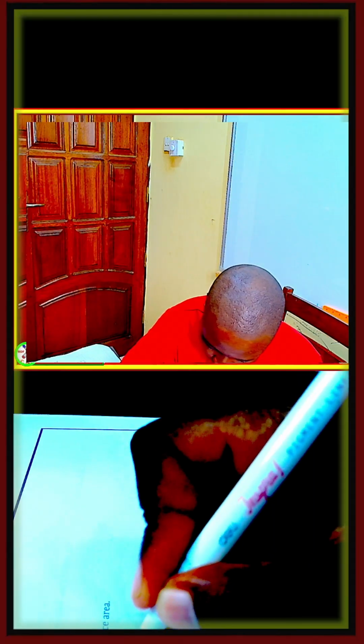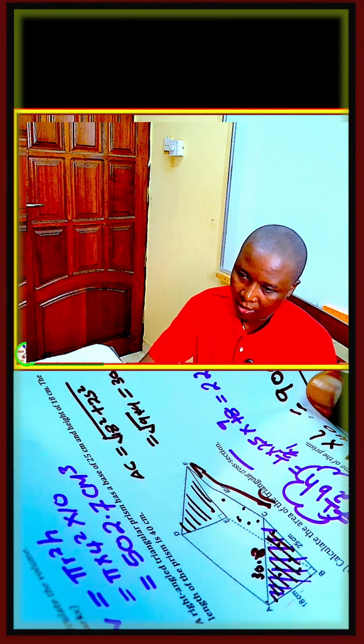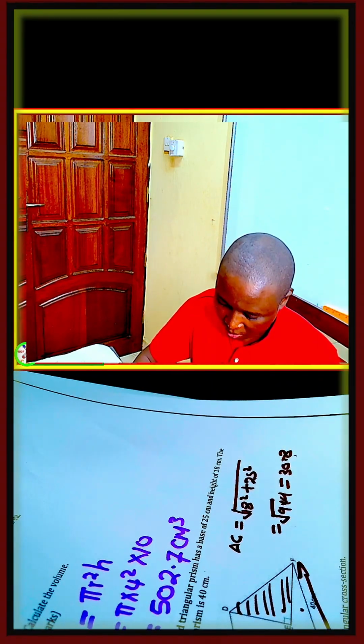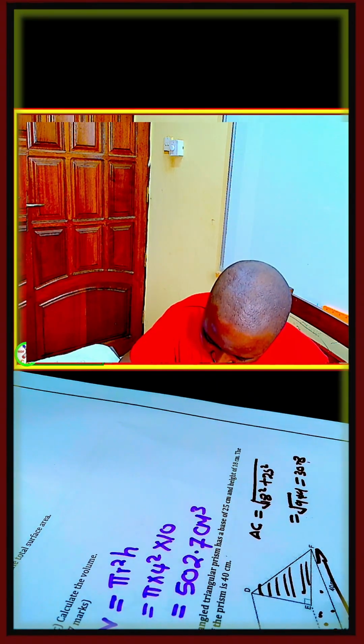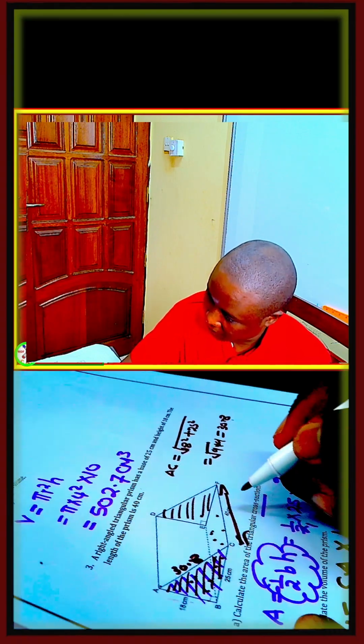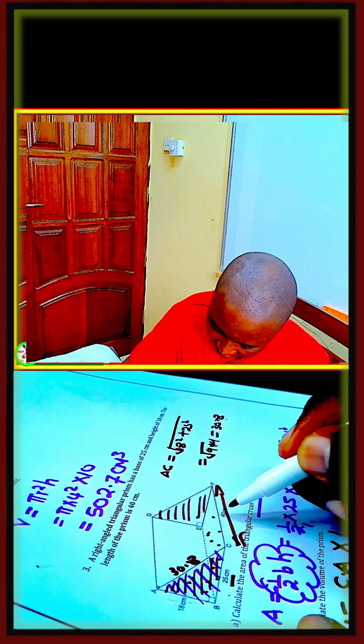So I need to say 225 times 2, because there are two triangles, this one and this other one here. Next we need to find the area of the base, 25 by 40.